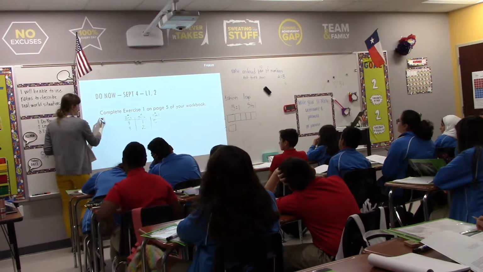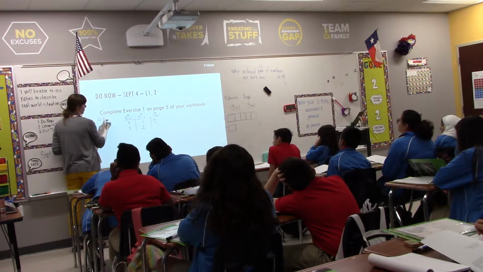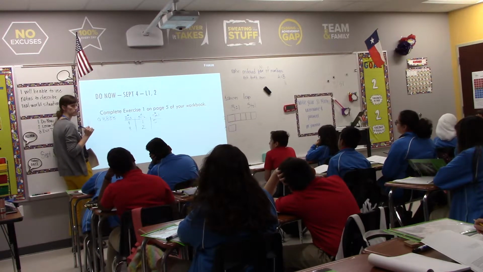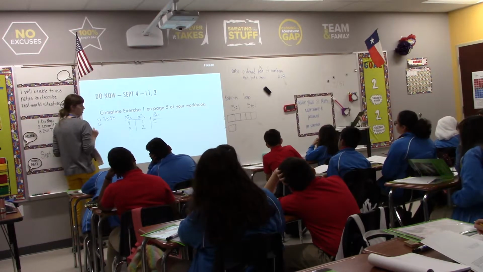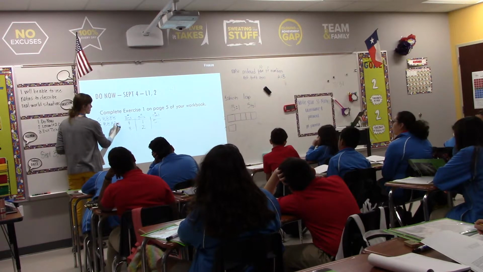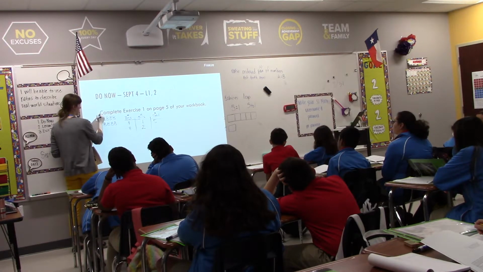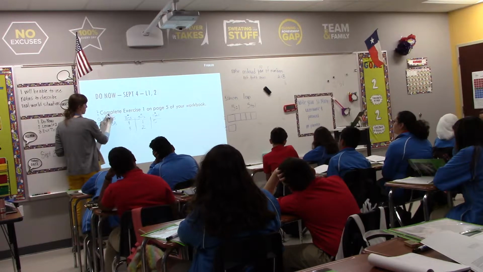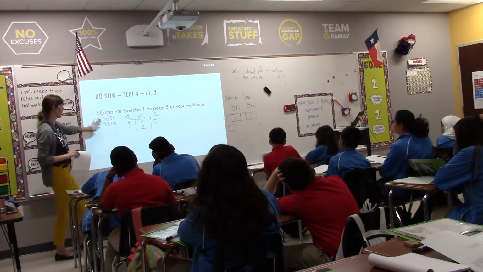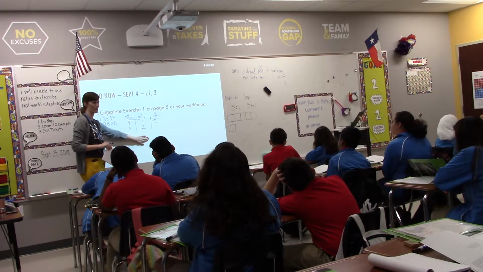If I have 1 girl, I have 1, 2, 3, 4 boys, right? If I add another girl, I have to add another 4 boys. Okay, so now we have 2 girls and 8 boys. That's what's happening behind the scenes, right?